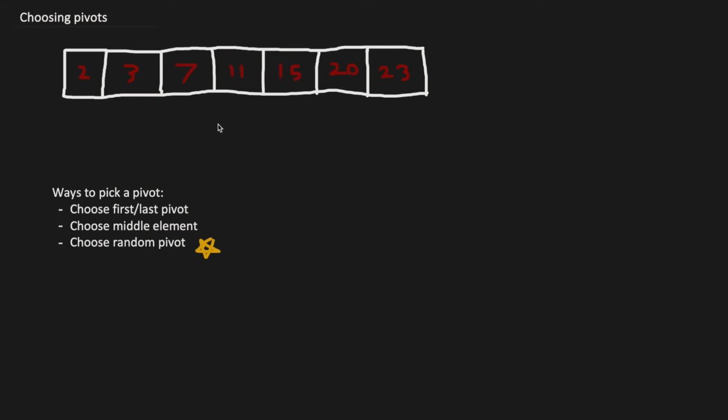So if you look at this array, if we used our method of choosing the first element, which is 2, after we partition the array, this section would effectively be the right half because all of these elements are already bigger than 2. And then there wouldn't even be a left half.